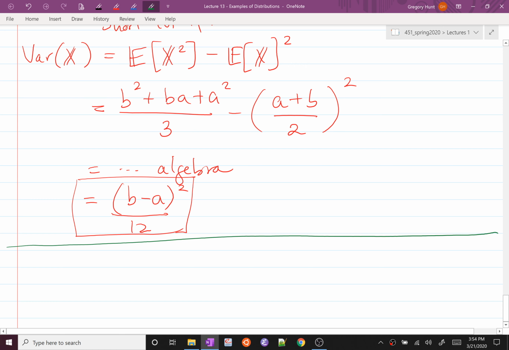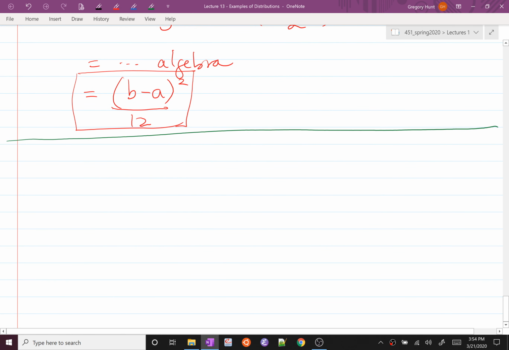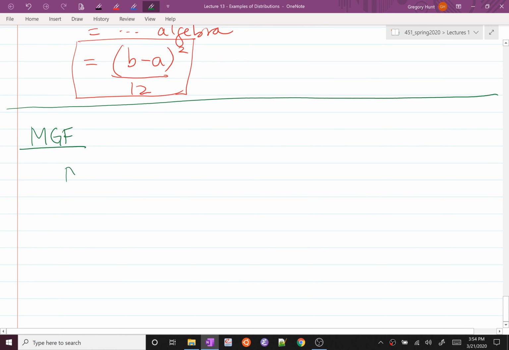The last thing, like we did in the discrete uniform case, is we can look at the moment generating function, the MGF. Our definition of M of t, where t is just some number, is the expected value of e to the tx.